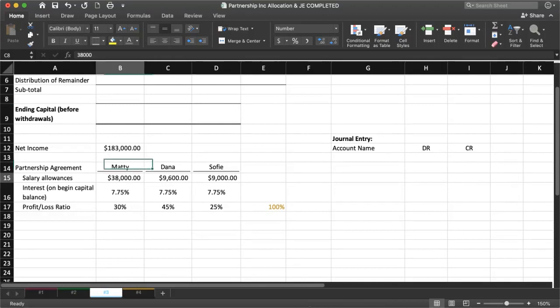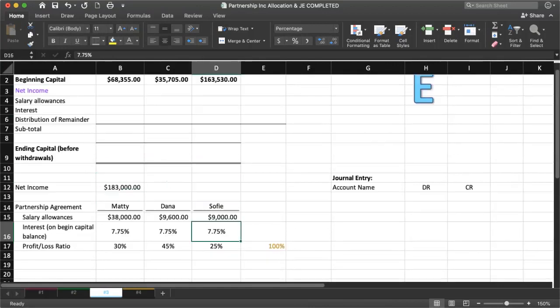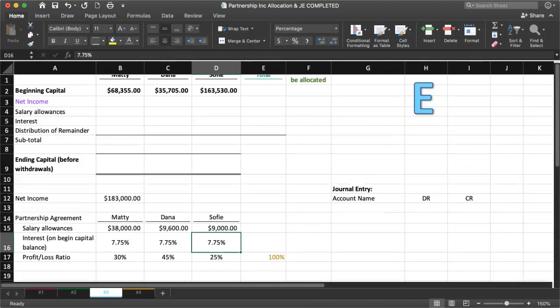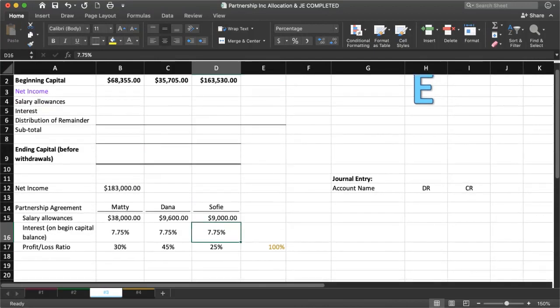They say that there are salary allowances that go to each of the partners. There is interest on the beginning capital balance. So on the beginning capital, they will be allocated interest of 7.75%. And then anything that's left is going to be allocated using the profit and loss ratio.